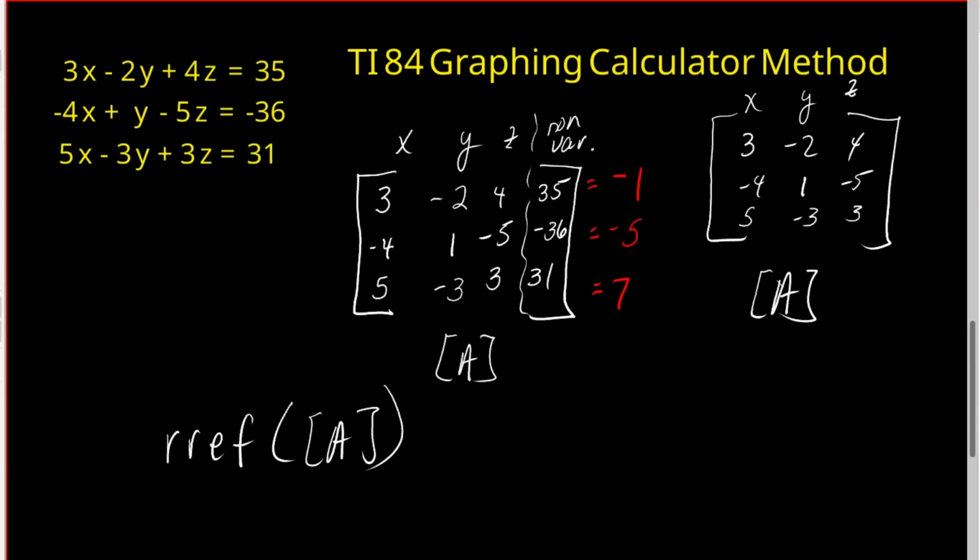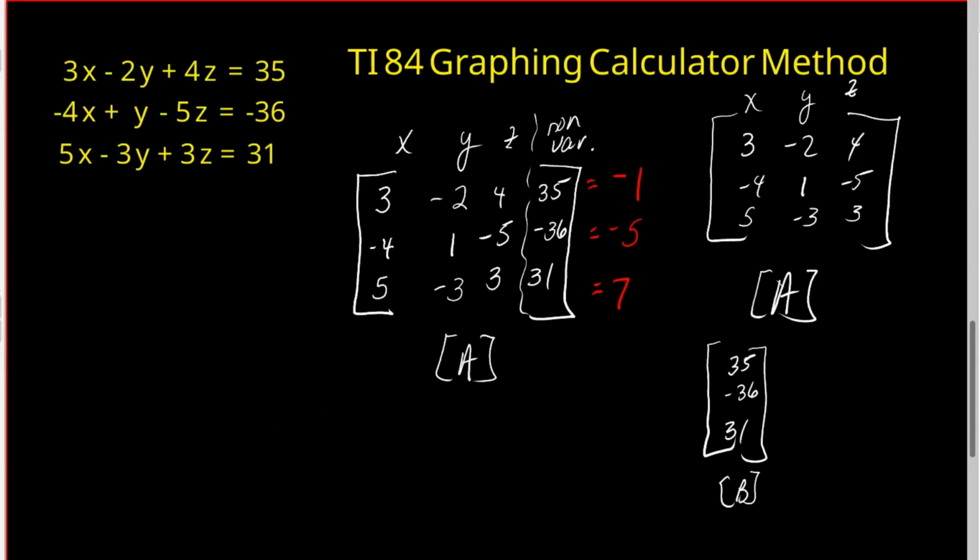Let's set up another matrix. We'll call it matrix B. Matrix B will contain the 35, the -36, and the 31. To work this, I will say the reciprocal of matrix A times matrix B, and it should give me the same answers as before.